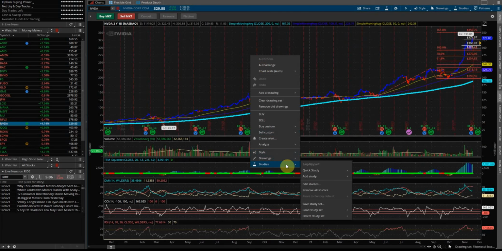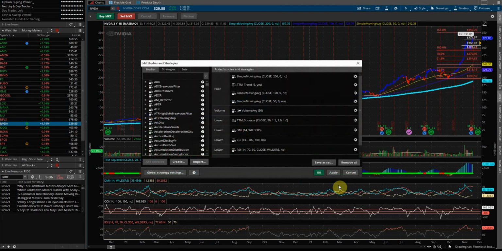It's all a matter of preference. Like if you look at studies, look how many there are. There's the Aroon indicator, the Awesome Oscillator, CCI. You got the DMI, DMA. I don't even know what half of these are.